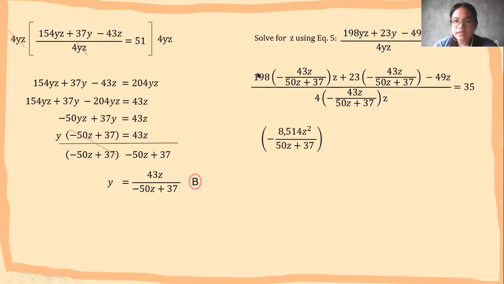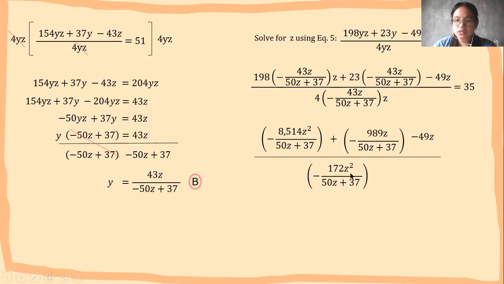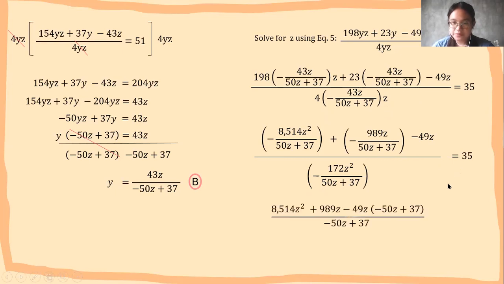Then 198 times 43z, we have times z, so we have 8,514z squared over negative 50z plus 37. Next, we have 23 times 43z over negative 50z plus 37, so we have plus 989z over negative 50z plus 37, then copy the negative 49z over 4 times 43z times z. We have z here. So we have 172z squared over negative 50z plus 37 is equal to 35.